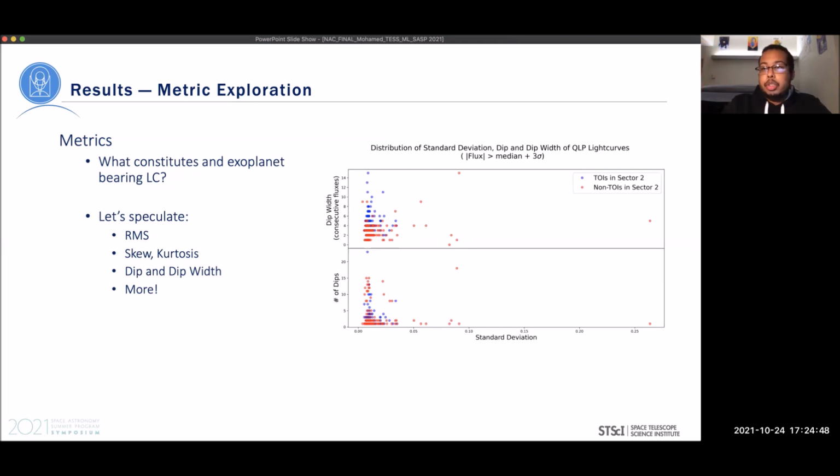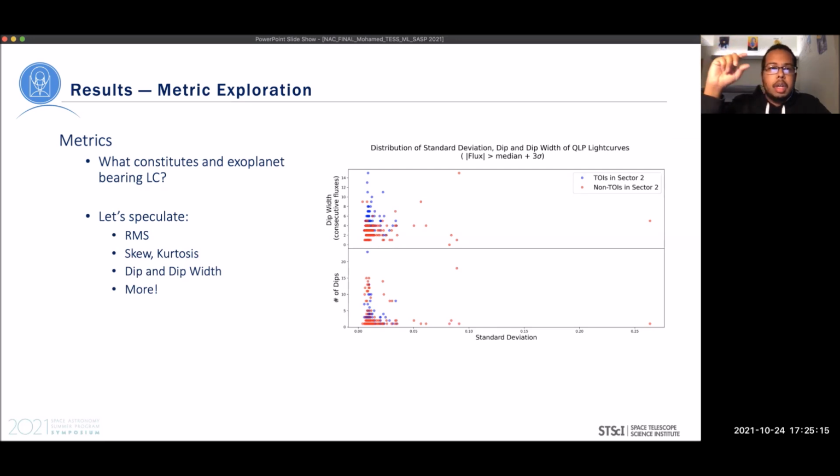So we got the root mean square from our model and the data. We got skew and kurtosis from the light curves. We got dip and dip width, with dip being, is there a set of fluxes that are 3 sigma away from the median of the light curve? Because you would imagine that if they're 3 sigma away, they might be scientifically relevant enough to be considered a worthwhile dip in the light curve.